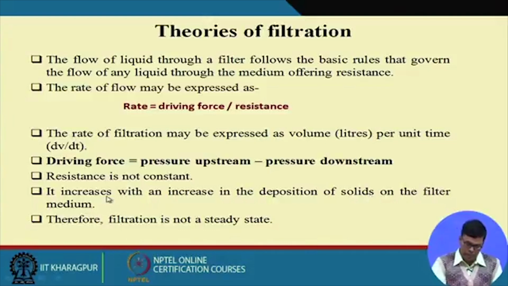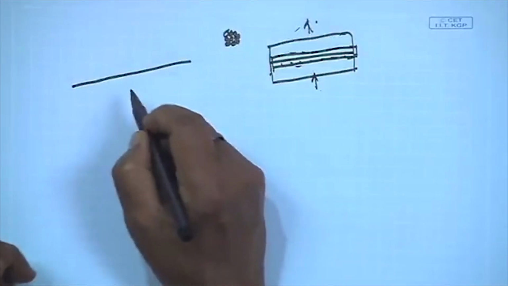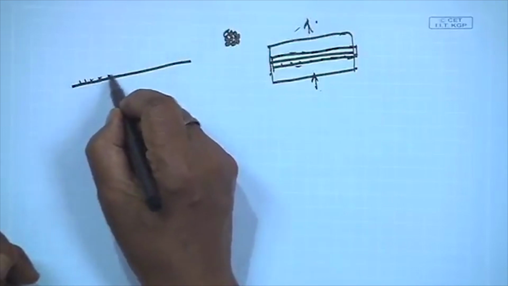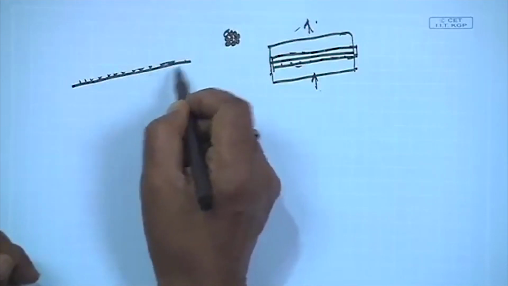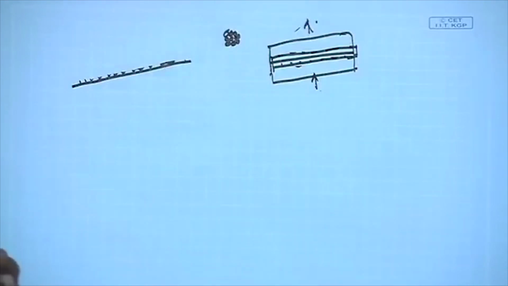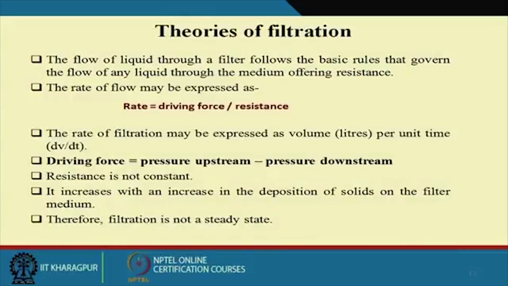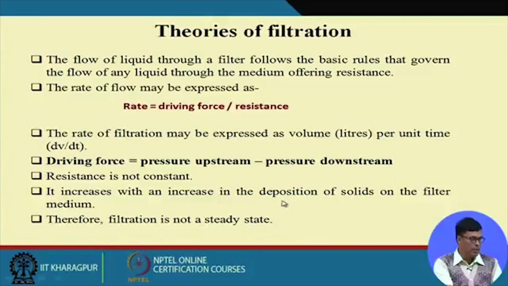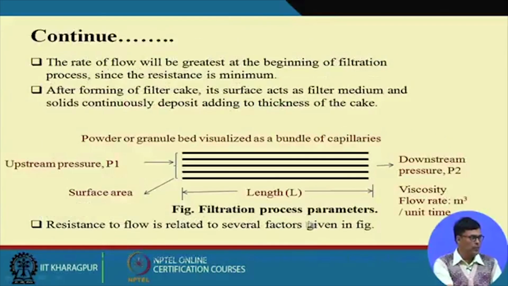Let me explain that. Suppose this is the filter media, and the particles are deposited on the surface and close the pores of the filter. Naturally the pressure difference will be more. The resistance increases with the deposition of solid on the filter media. Therefore, filtration is not a steady state.